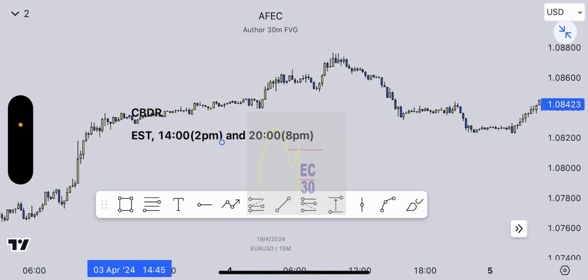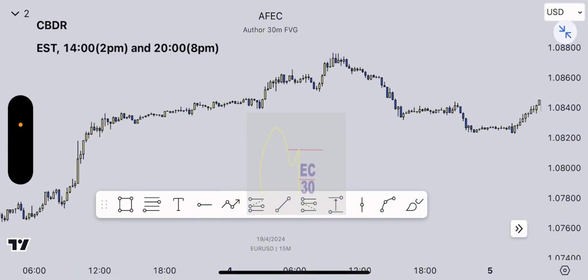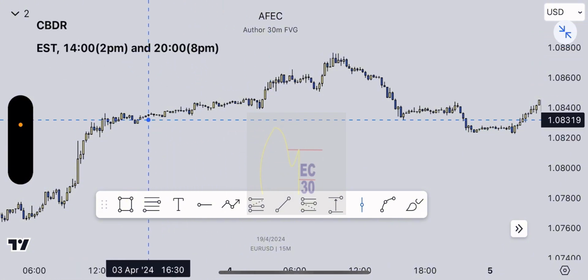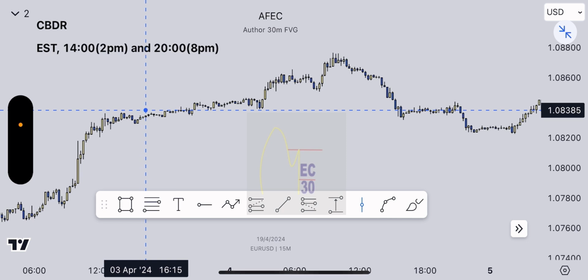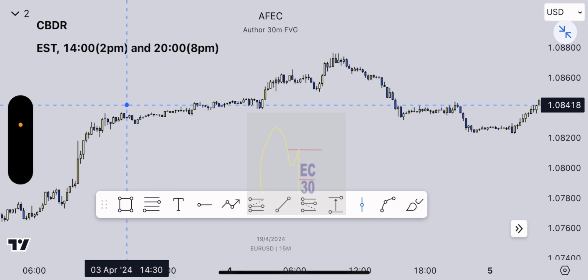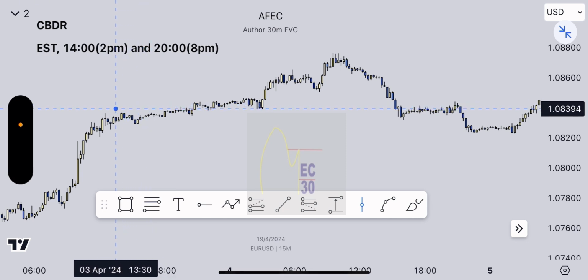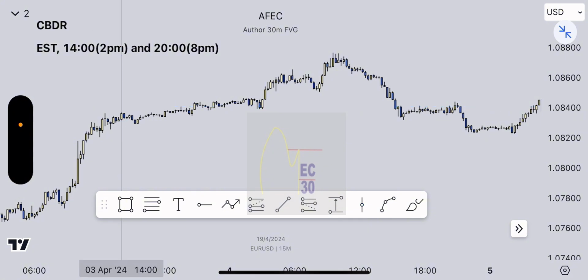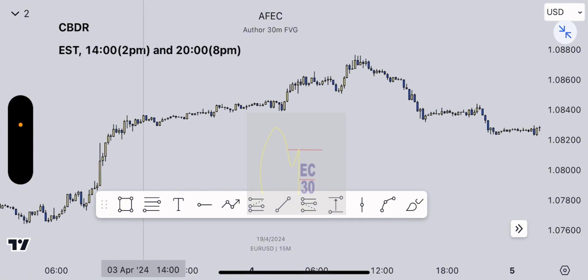Let's draw the range. So we check for 1400. Here it is. We take the endings from the previous day.